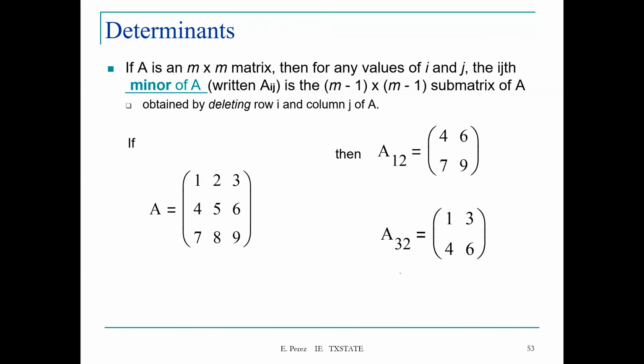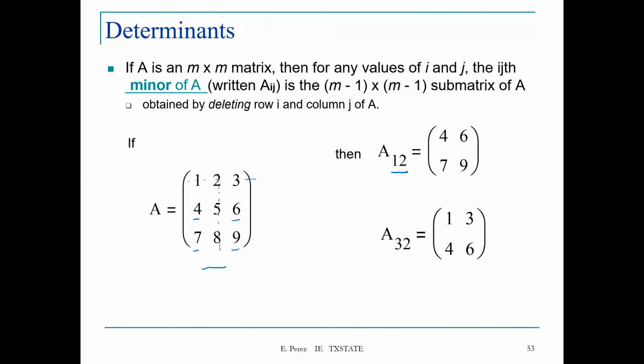So if we have this matrix and we want to find the minor of A for 1, 2, then we are deleting row 1, and we are also deleting column 2. So the resulting A1,2 is 4, 7, and 6, 9.